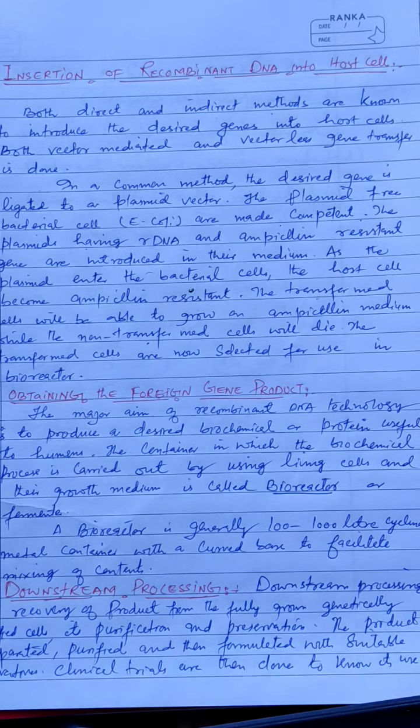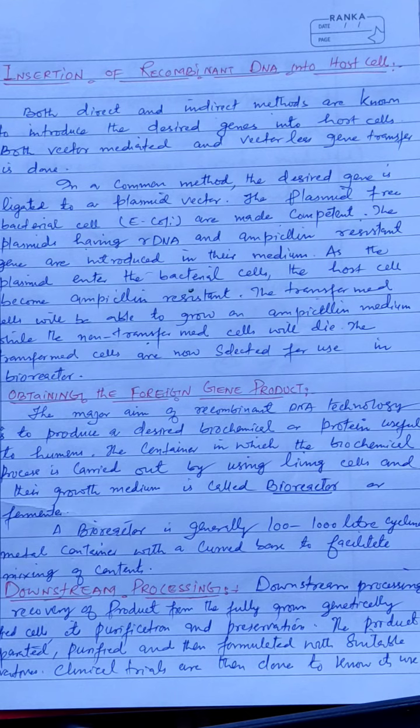So in a bioreactor, we put all these contents, the transformed bacterial cells. We place the growth medium there. We place certain salts and vitamins and hormones and all those things which are needed for the successful growth of these transformed, genetically modified bacteria, which we have prepared in the previous steps.